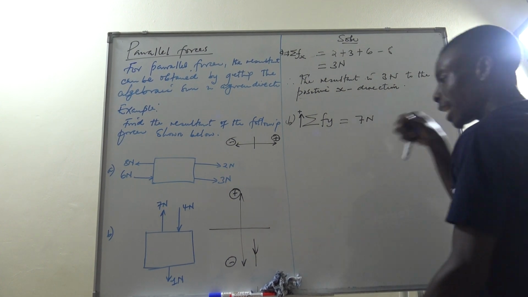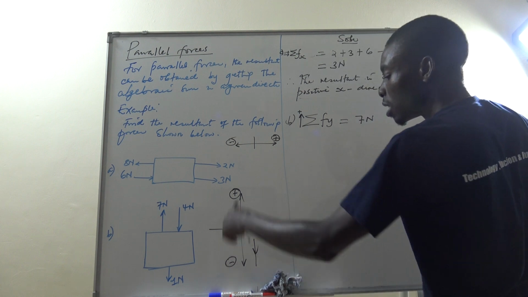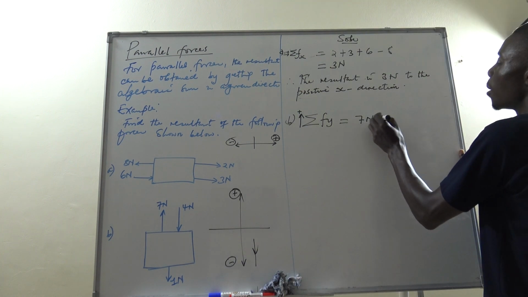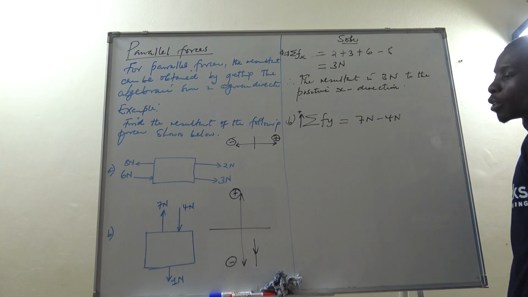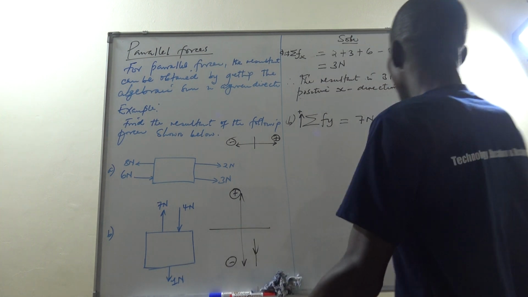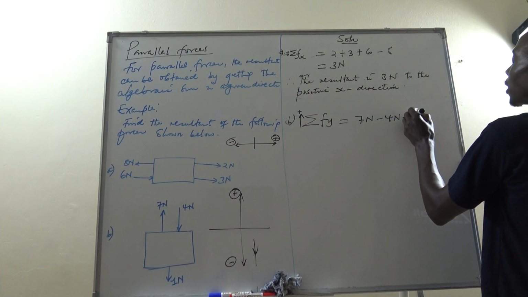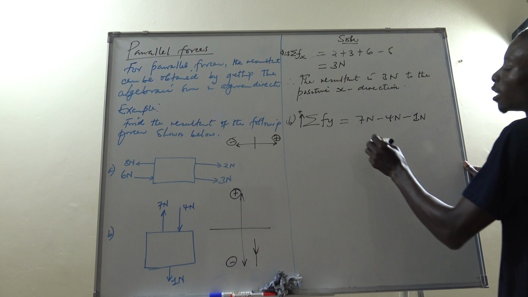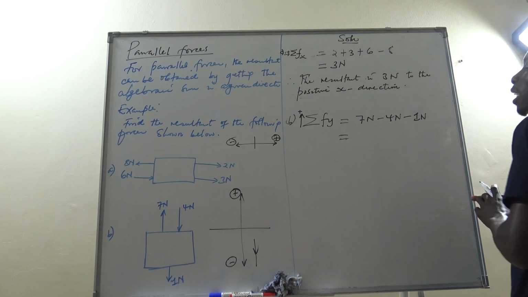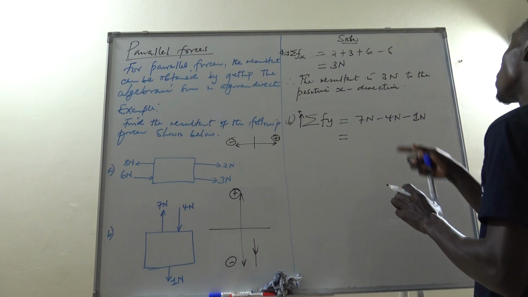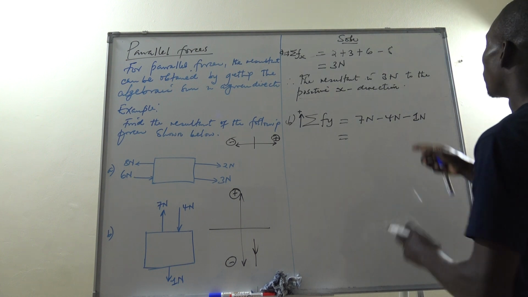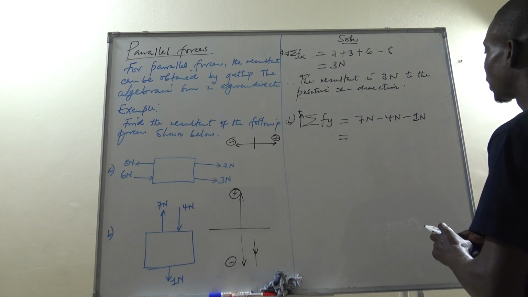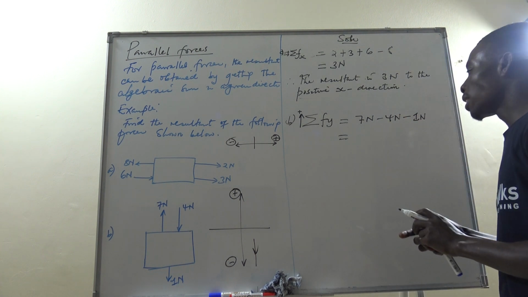4 is down, so it's minus 4 newtons. And 1 is also down, so I can say minus 1 newton. Now this is 7 minus 4, that is 3, minus 1, that is 2.